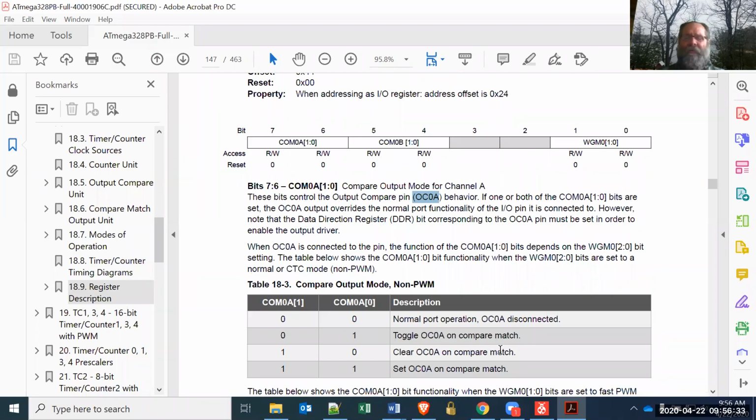That means, again, we've got to remember back to timers, there was an OCR-A register, and as my T count register counted up, when it reached the value I put in output compare register A, when it reached that value, I could control what the OC0A pin did. And that is what we're going to be doing here.